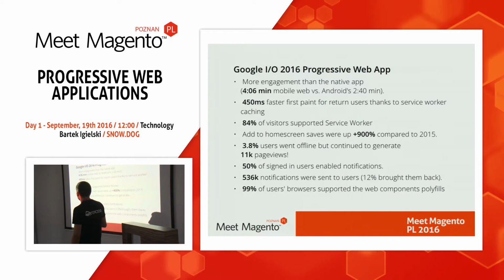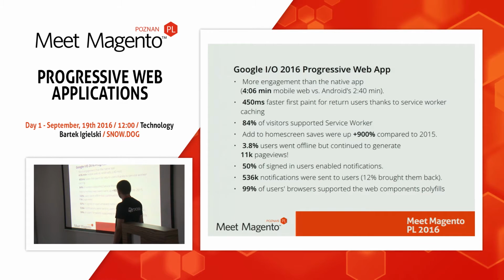Of course, these numbers will be a little bit weird because it's a tech conference. So most of the users probably have decent phones and fresh operating systems, fresh browsers, but 84% of the visitors have service worker support. So this is really, really great.